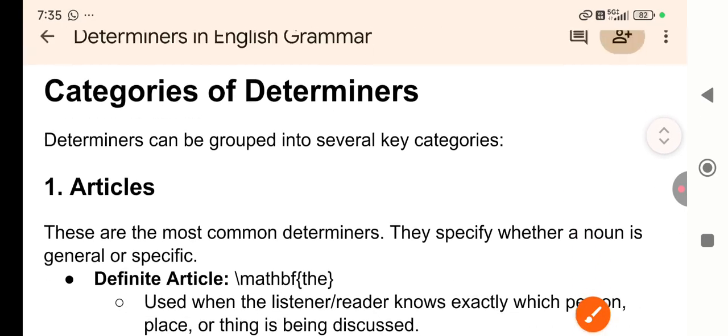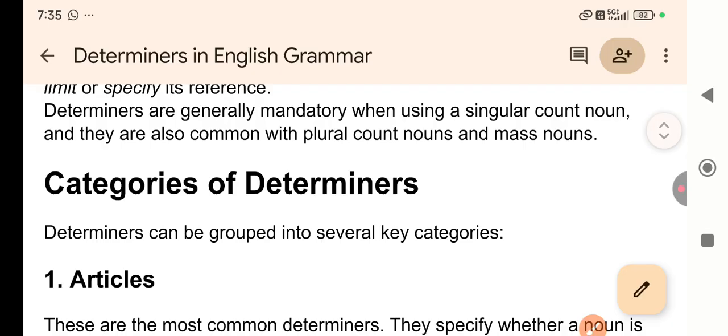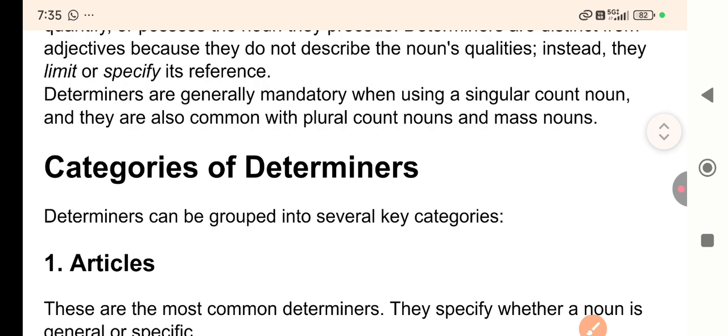Now, determiners are generally mandatory when using a singular count noun, and they are also common with plural count nouns and mass nouns. So determiners are a very important part of English sentences. A determiner is used for a singular count noun, meaning a noun which is countable.